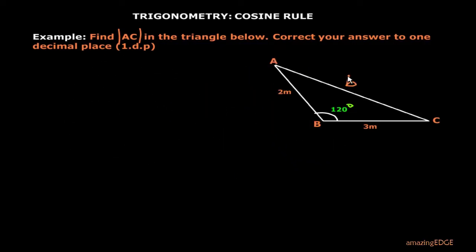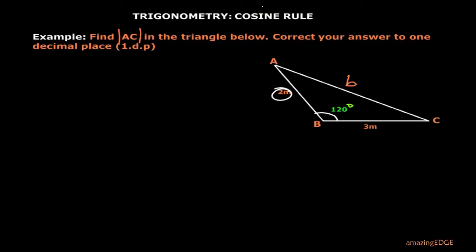Somebody might be wondering, why can't we use sine rule here? Remember that sine rule says two sides must be given, and you must also be given an angle facing one of the sides. Here we are given sides 2 m and 3 m, and the angle 120 degrees is not facing any of the sides.